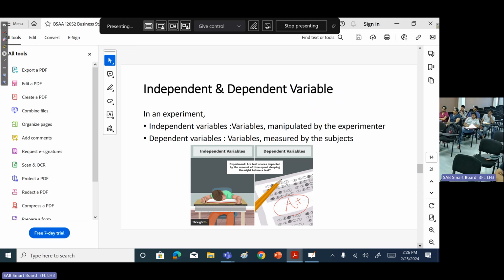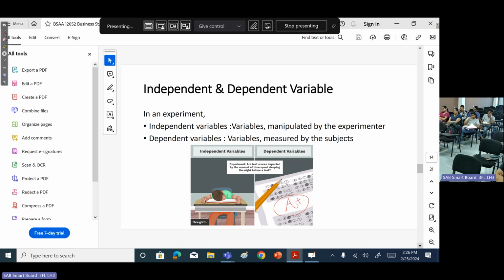Any measurable characteristic we call a variable. Then we look at whether it can be measured numerically or not. If it can be measured numerically, we say it is quantitative. If it cannot be measured numerically, we say it is qualitative.